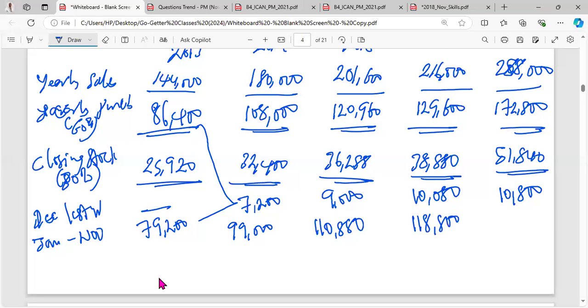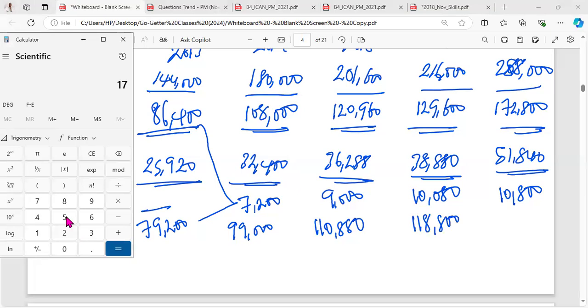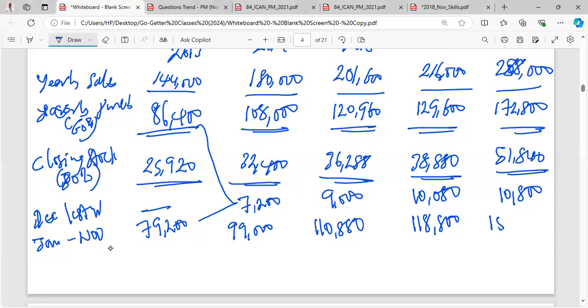And I will do 172,800. I divide by 12. I don't have anywhere to put this. So to throw away that, multiply by 11. 158,400. So once again, we're interested only in these three.